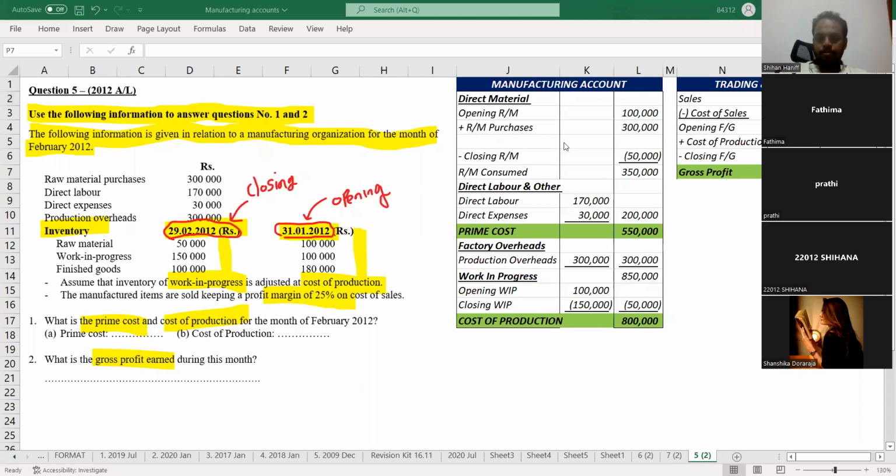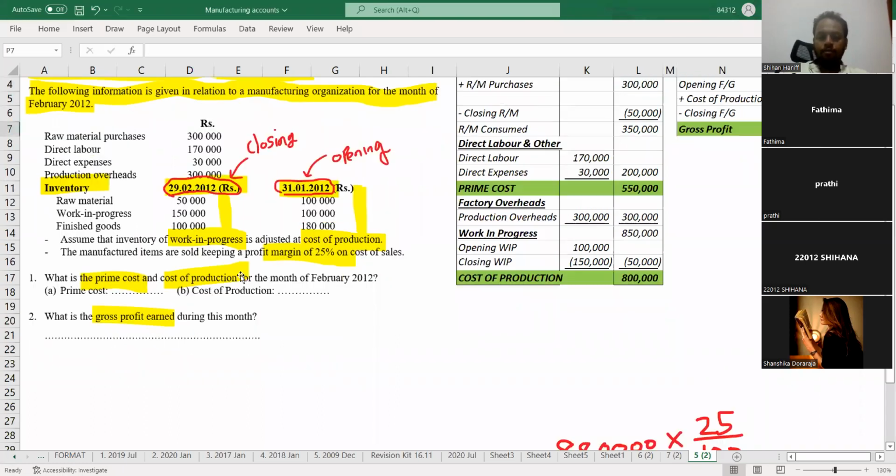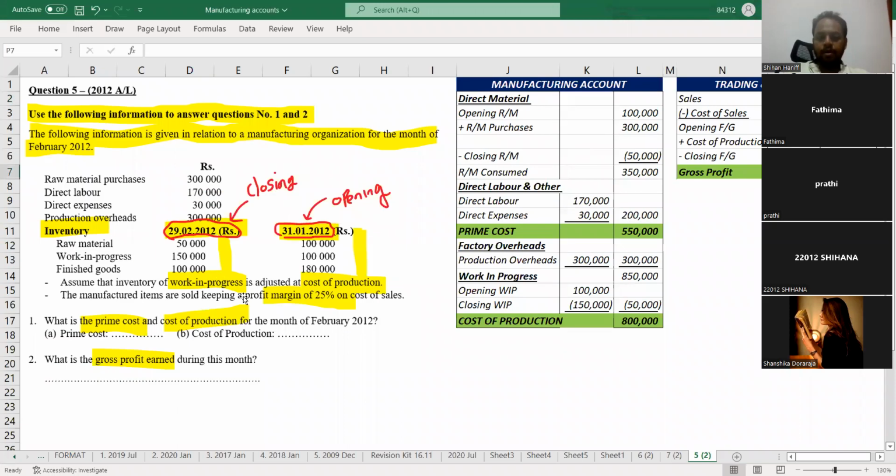I'll teach you how to find out the cost, the selling price or the profit margin if they give a percentage, margin or markup. There is another video which I did for margin markup. I'll share that as well.